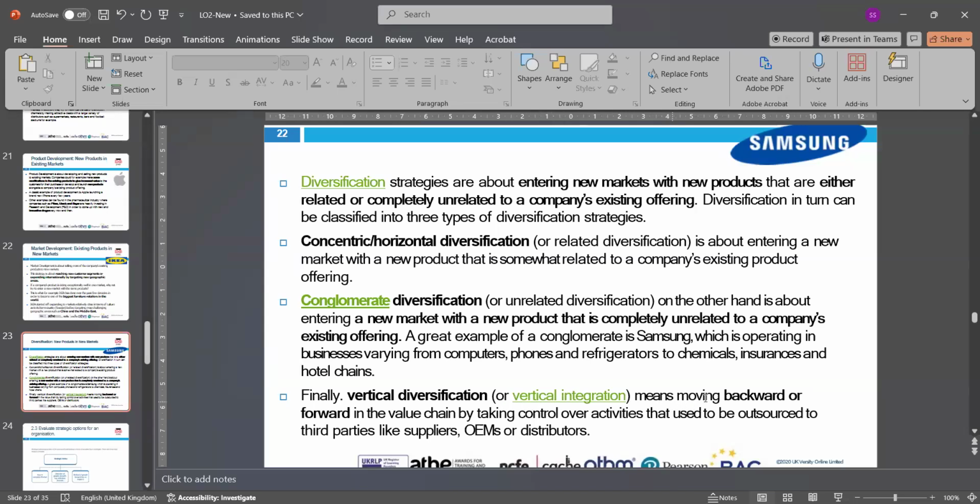Forward integration means that before, you were sending your product to the retailer, like your edible items, cokes, biscuits and chocolates, coming to the retailers. Now, instead of sending to them, you have opened your own store, an online store, and you are selling directly.